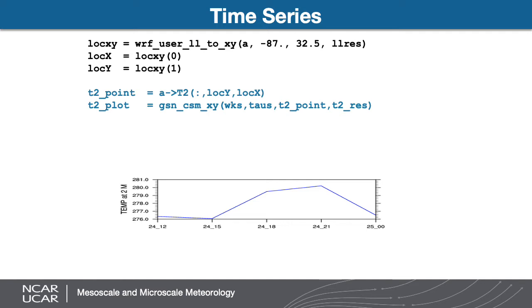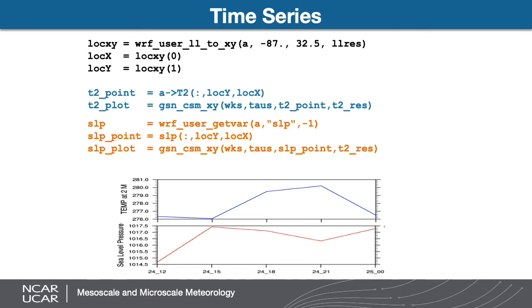Now we can just use a very basic NCL XY plotting function, gsn_csm_xy, pointed at our workstation, our times, the T2 point, and the resources that we set, and it'll push out a plot that looks something like this. However, if we want to use WRF user getvar for one of our diagnostics, such as sea level pressure, we need to add an extra step.